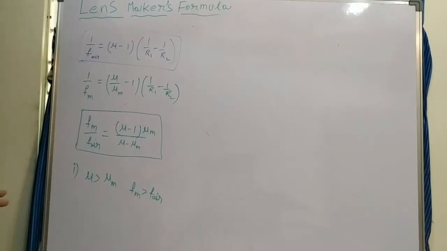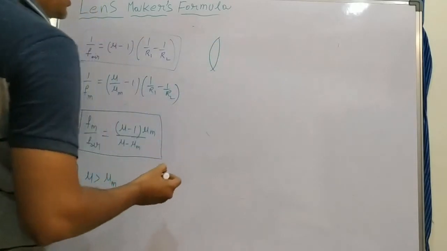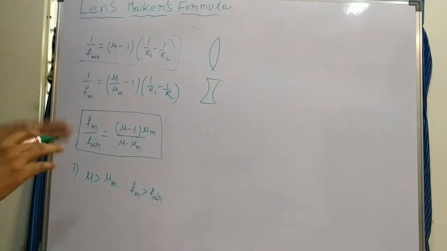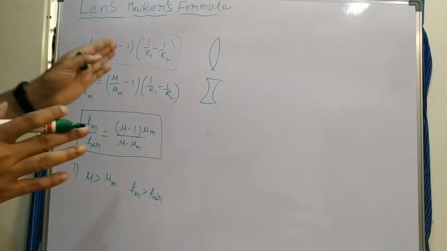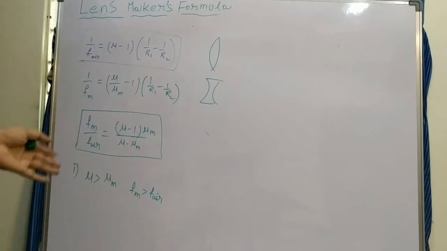So the nature of the lens is not changing. Suppose you take a convex lens, it is a positive lens or converging lens. A concave lens is a diverging lens. So the nature of a convex converging lens and a concave diverging lens is not changing. A convex still behaves like a convex only, and a concave behaves like a concave only.